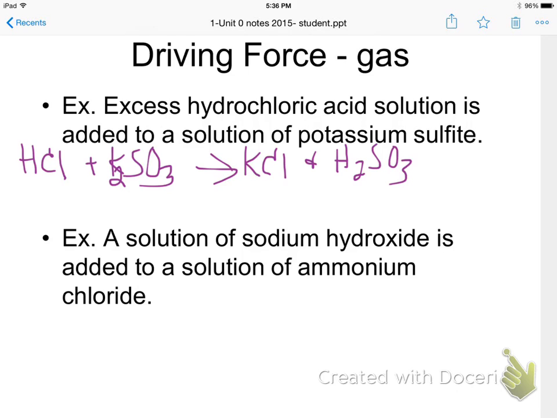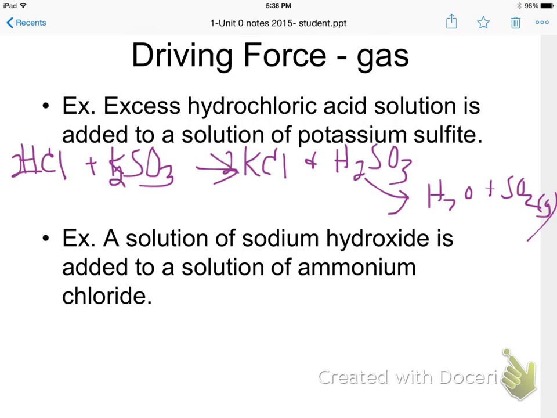So I'm going to need two of those and two of those. So I look at this and I say, I didn't form a molecule, I didn't form water, did I form a gas? Well, this is on the list, right? This forms H2O plus SO2, and SO2 is a gas, so this reaction goes.